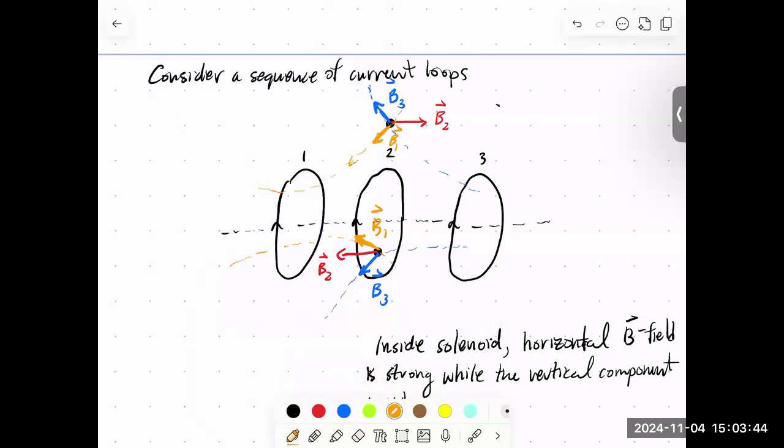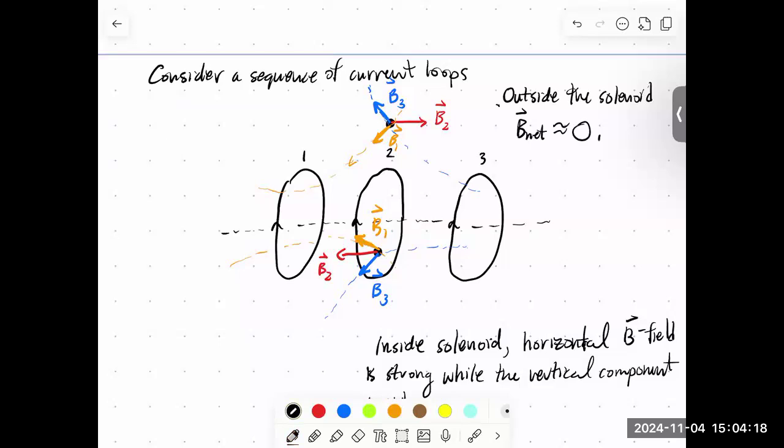Well, in some ways, this is pretty similar. B3 and B1 have vertical components that cancel and horizontal components that add. It's just that their horizontal components add up to cancel with the B2. So outside the solenoid, B net is approximately 0.